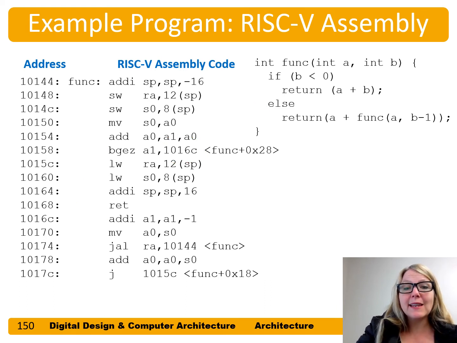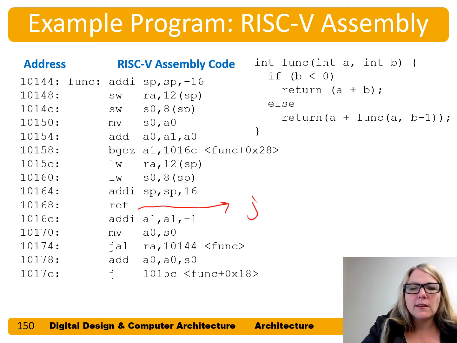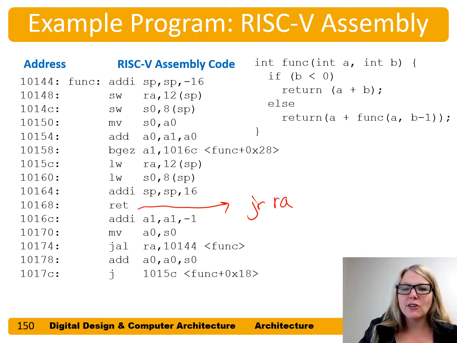But if that branch isn't taken, that means that B is less than 0, and the registers are restored from the stack, the stack pointer is restored, adding 16 to it, right before it was decremented by 16. So restore the registers and the stack pointer, and then return. And return is a pseudo instruction for JR RA, or jump register RA, the return address register.